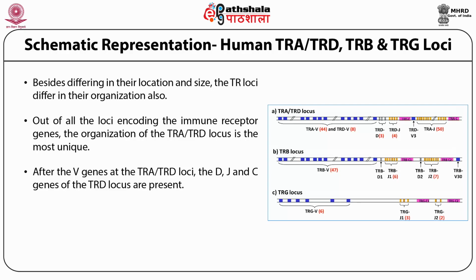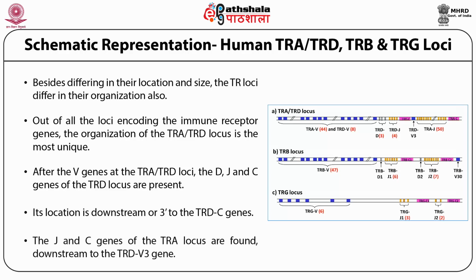Although most of the V genes of this locus are present at the 5' end of the locus, the TRD-V3 gene is an exception. Its location is downstream or 3' to the TRD-C genes. The J and C genes of the TRA locus are found downstream to the TRD-V3 gene.